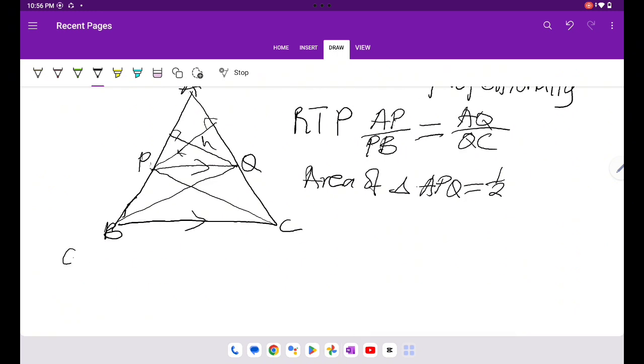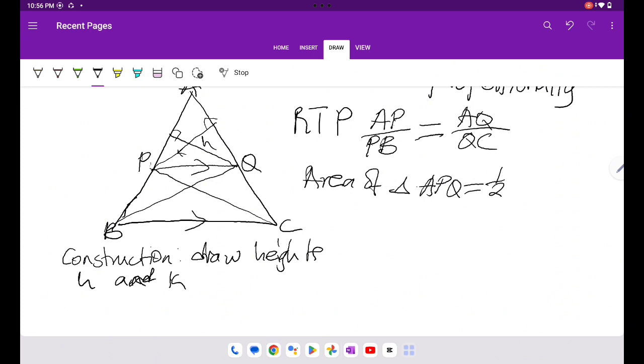We will say the construction: we draw perpendicular heights H and K, and then we also join BQ and also PC. So that is our construction.